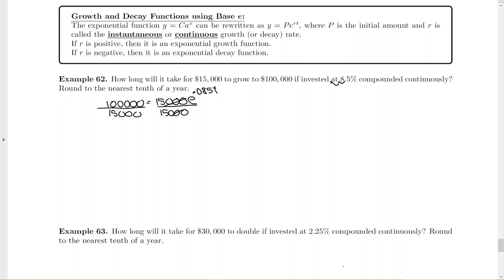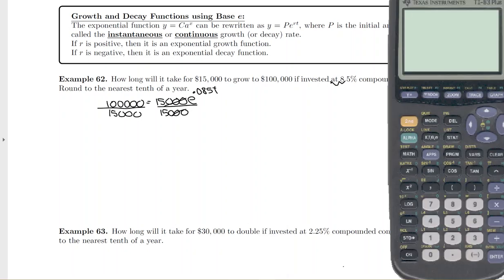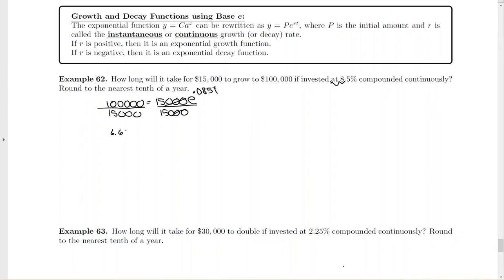In this case, 100,000 divided by 15,000 comes up a bunch of sixes across the screen. In fact, my calculator is just going to round the last decimal place there, but it's really a bunch of sixes all the way across. I'm just going to hold that number, but what I'm going to write down is 6.66 with a bar above it to show that that was repeating.